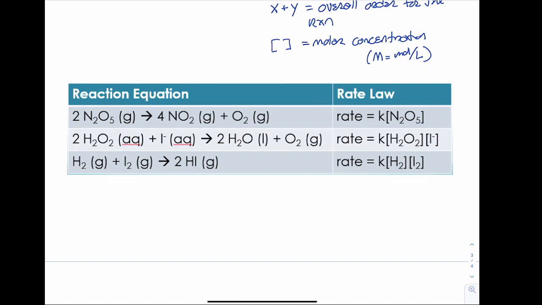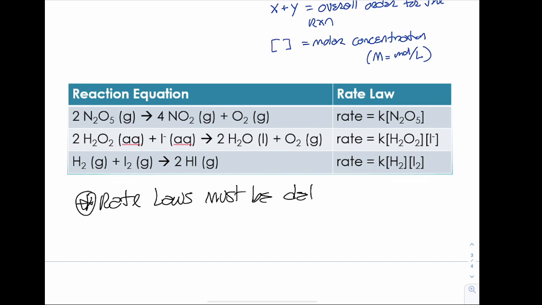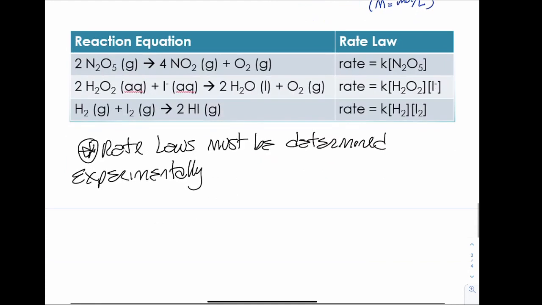And let's actually write that down. Rate laws must be determined experimentally. And they're determined experimentally using the initial rate.